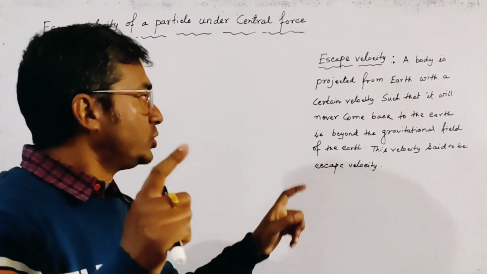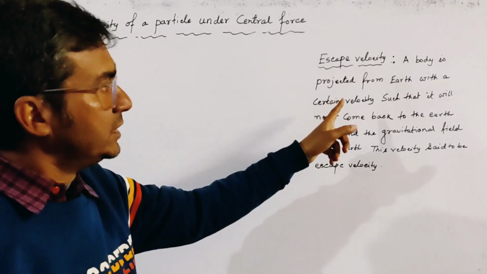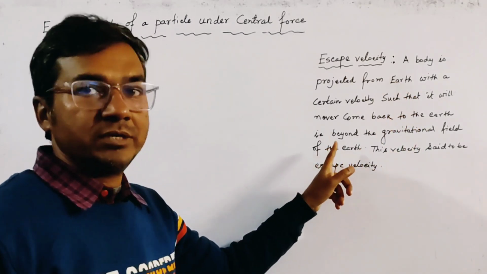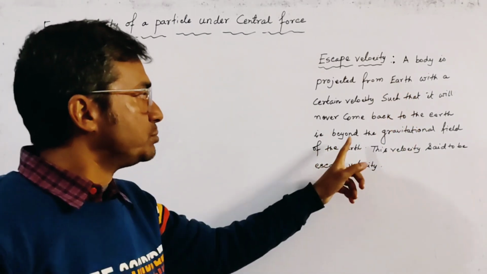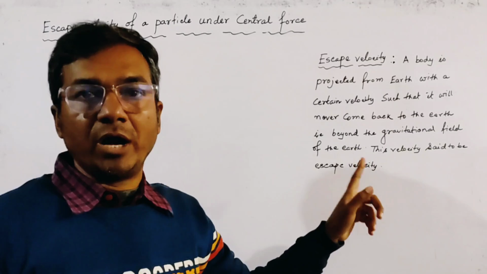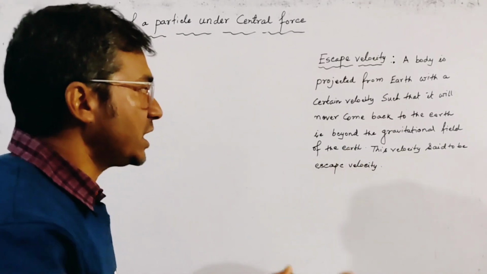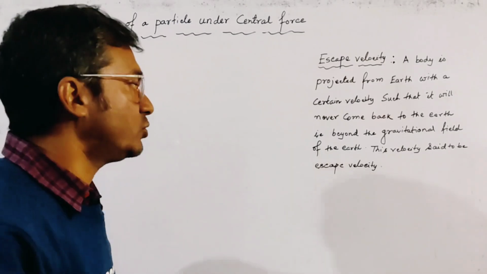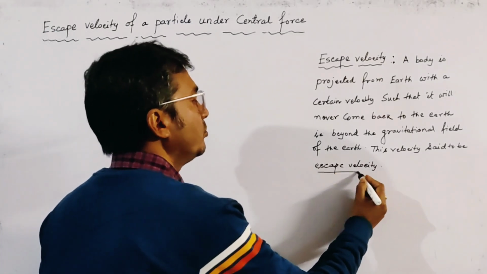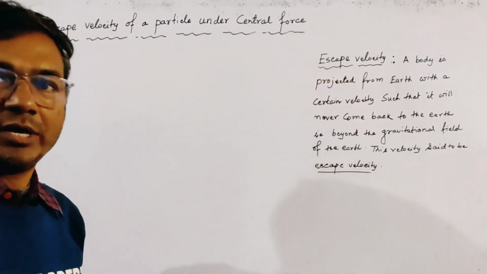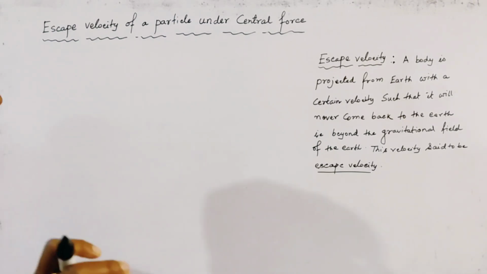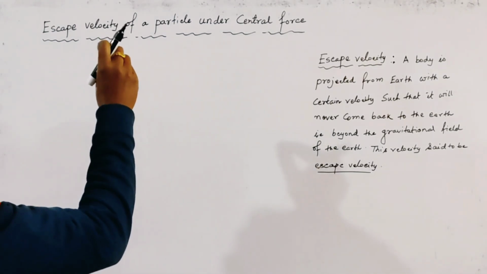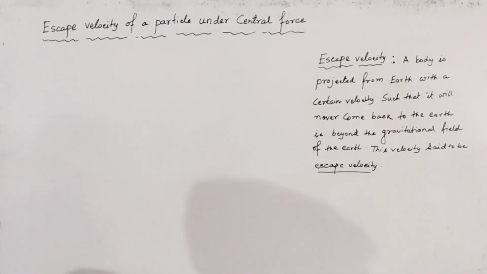That is, the body goes beyond the gravitational field of Earth, and this initial velocity of projection is said to be the escape velocity for that body. But here we discuss the escape velocity of a particle under central force.